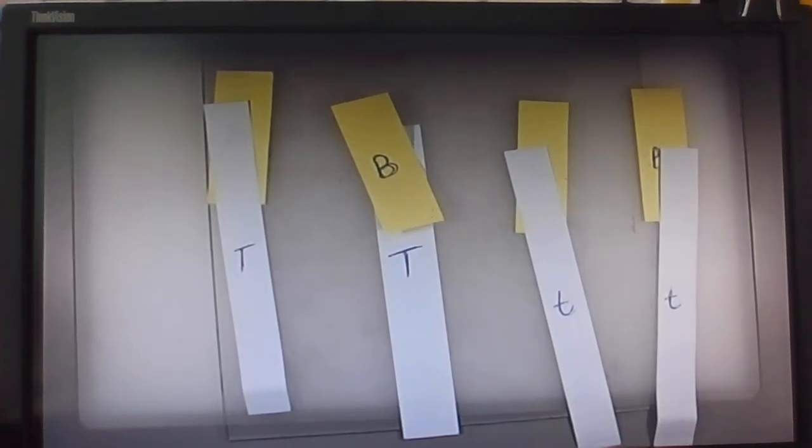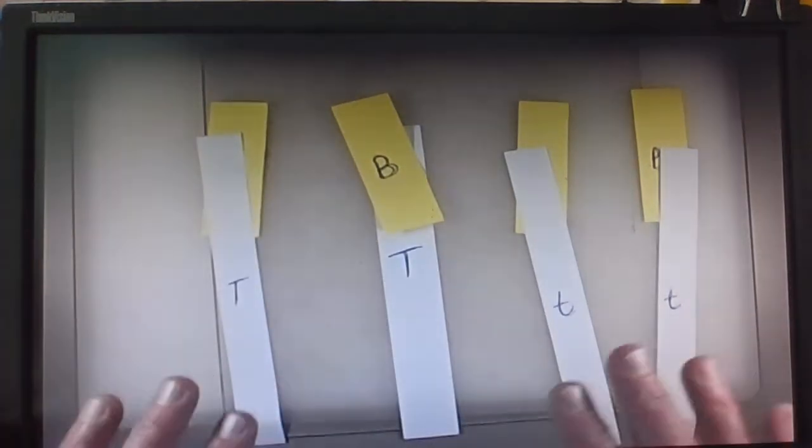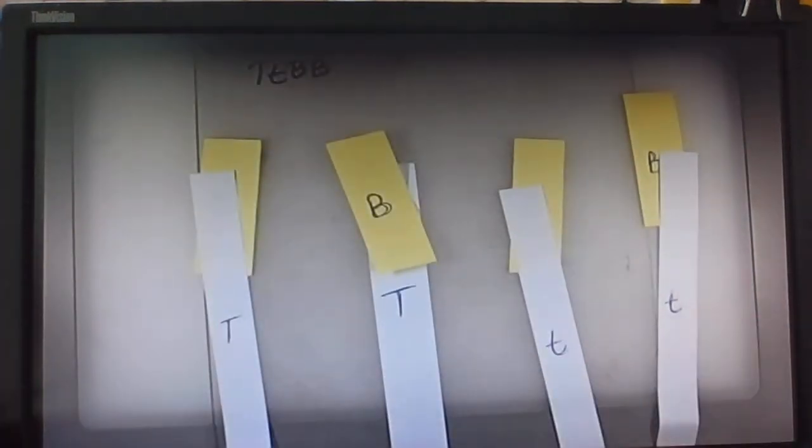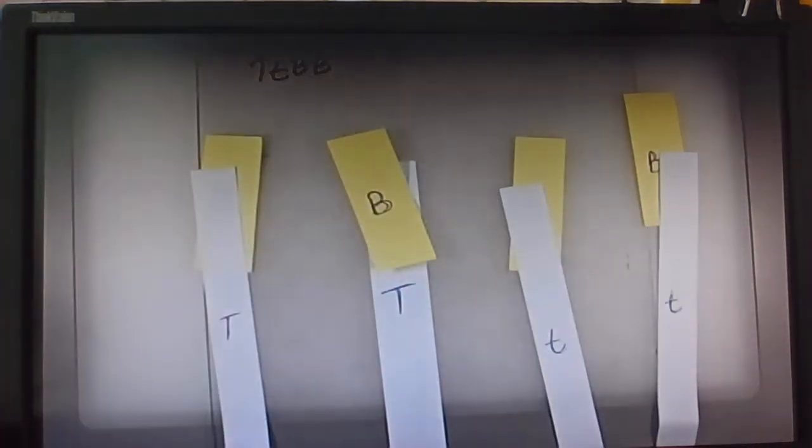Independent assortment, how they end up in those new gametes. We're kind of simplifying things, but remember, we have lots of different chromosomes, and so there's lots of different combinations. So when I look back up at this right here, for the Punnett squares, you would have to take that into consideration. You would have to consider every gamete that could form.